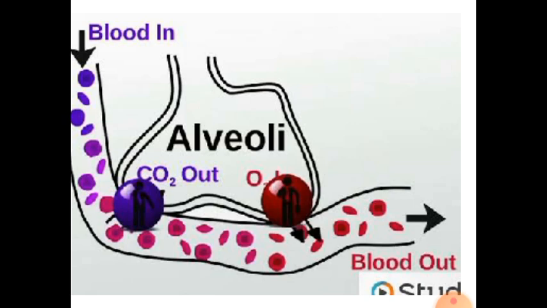Okay, further note that carbon dioxide moves from the blood into the alveoli by the diffusion process, and similarly oxygen goes from the alveoli into the blood by the diffusion process.